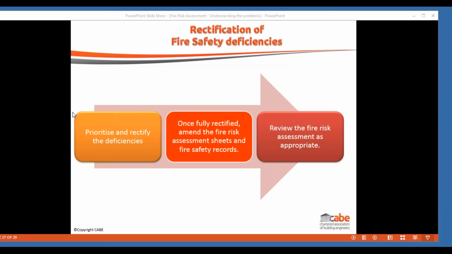So from a practical point of view, either you've got to see some evidence that there's a management process or a staffing level that compensates for that extra time that it's going to take, or you're going to look for something else to offset it.